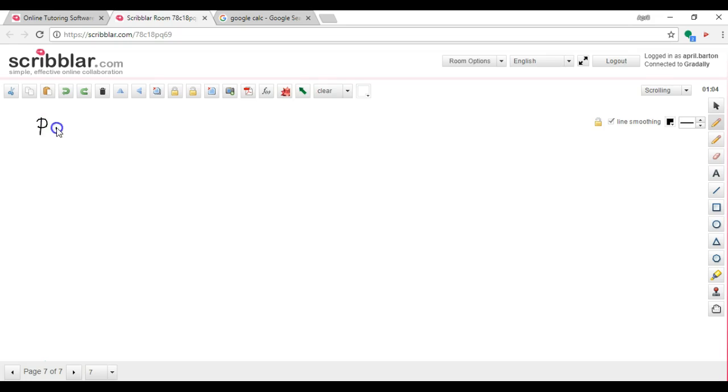Patterns and functions. The goal of a function is to find a situation and actually come up with a math equation for that situation so that you could predict what's going to happen later on.